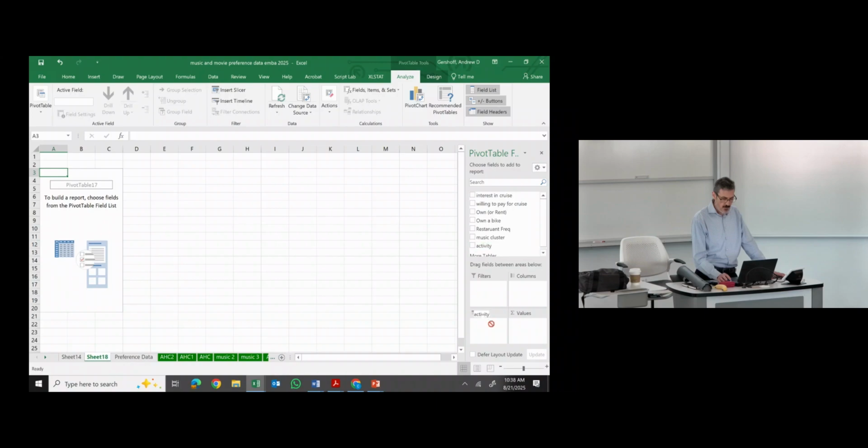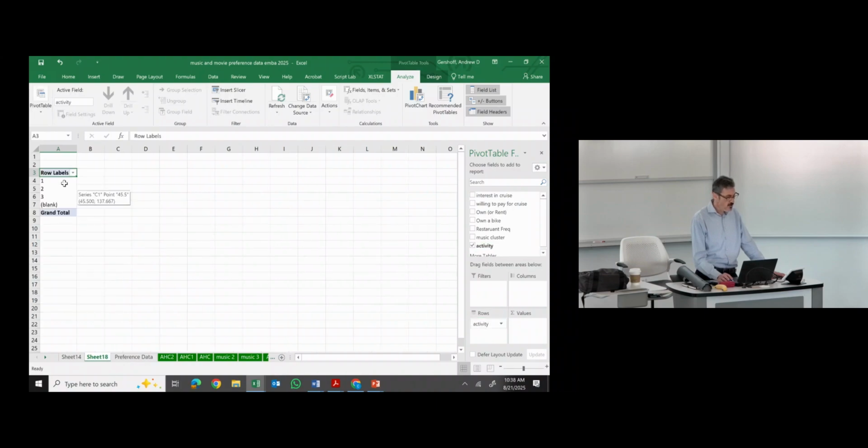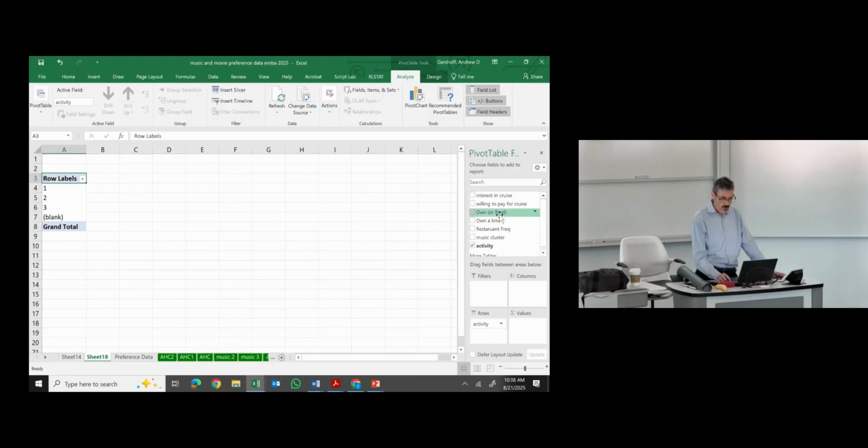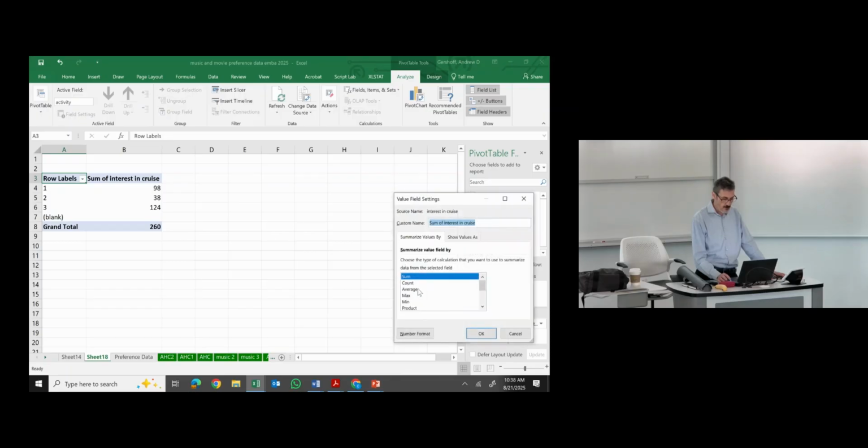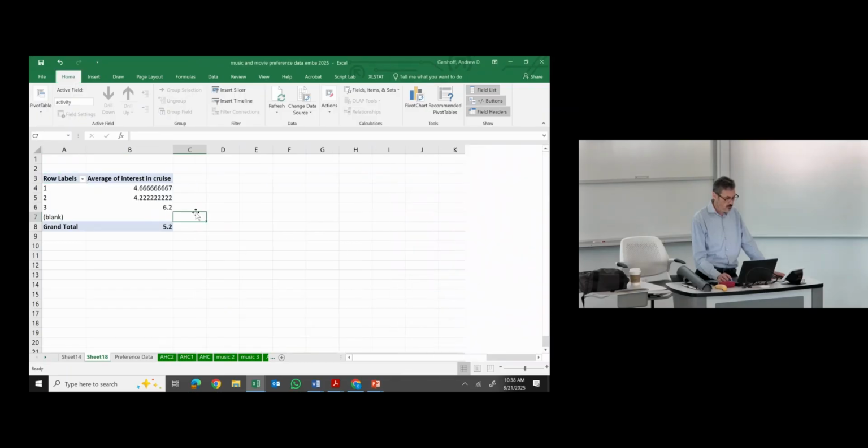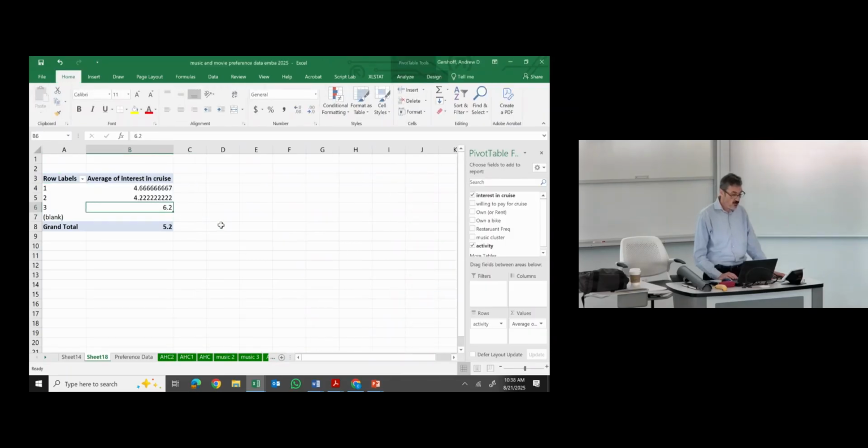And then I'm going to put the activity cluster in the rows. So I've got 3 possible clusters you could be in. And then let's look, is there any difference in the interest in going on a cruise by these 3 groups? And what you can see is that 3rd group is really quite interested. And the other 2 are less so.